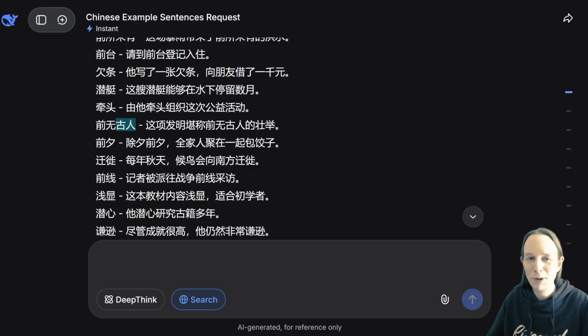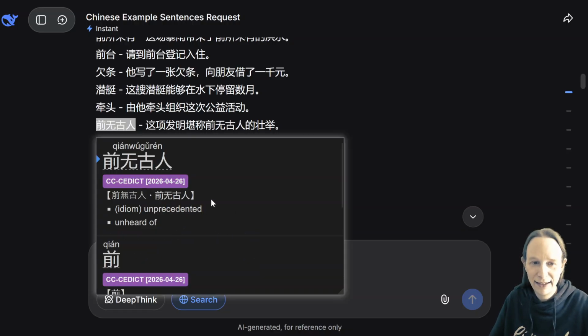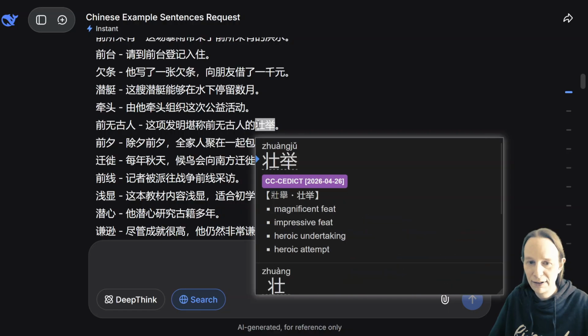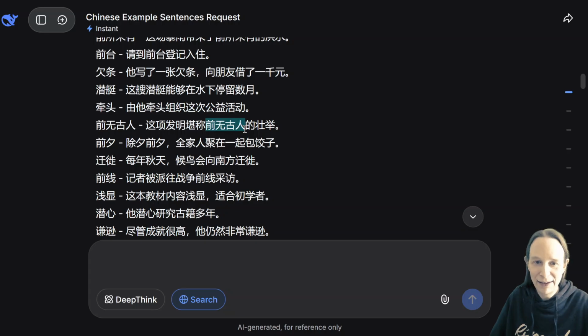Something in that ballpark. That's my guess. Unheard of. 前无古人的壮举, magnificent feat. Okay, this one's a new one for me. I don't recall encountering it before.